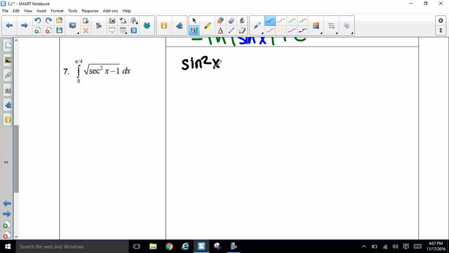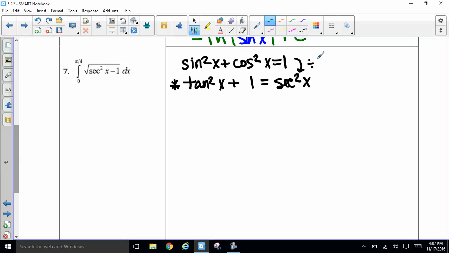So sine squared of x plus cosine squared of x equals 1. If I want to end up with secant, I would then go through and divide everything by cosine of x. And so sine squared over cosine squared would give me tangent squared of x. Cosine squared over cosine squared would give me 1. And 1 over cosine squared would give me secant squared of x. So I'm going to use this identity, which I got from dividing by cosine squared of x all the way through.